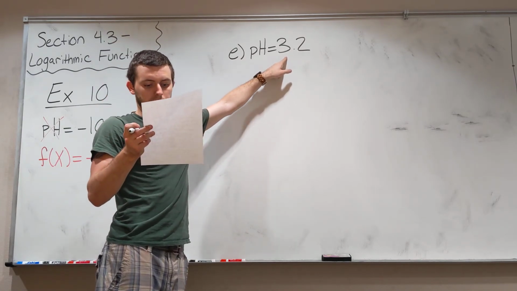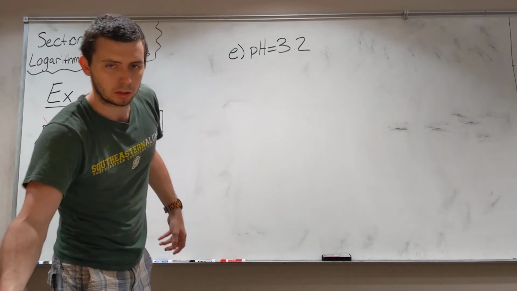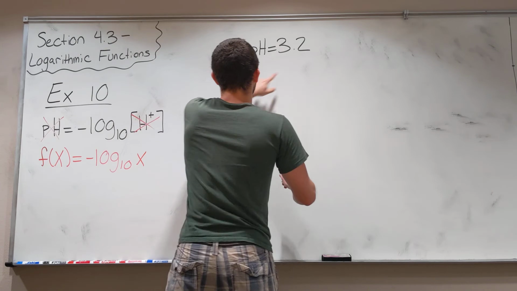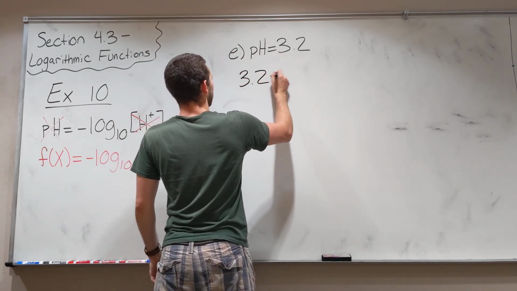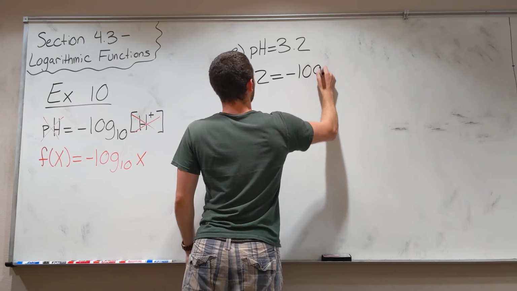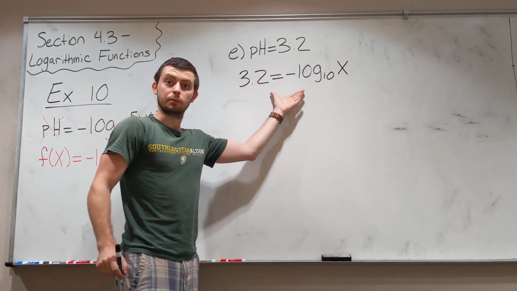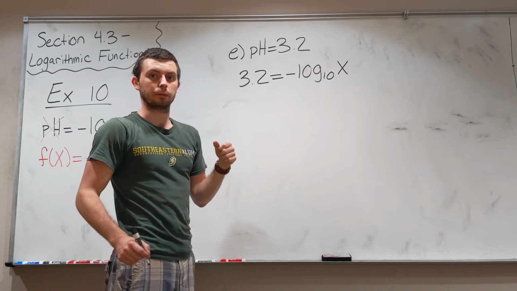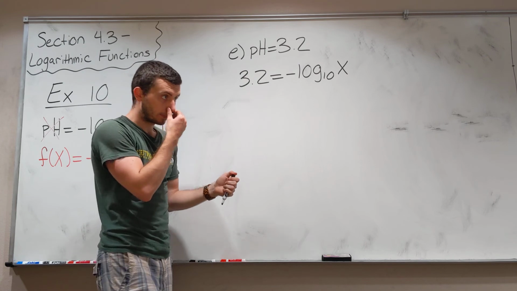And they want us to find the hydrogen ions, they want us to find X. So if we plug 3.2 in for Y, we get exactly this equation right here. And that means we need to, well, solve for X.